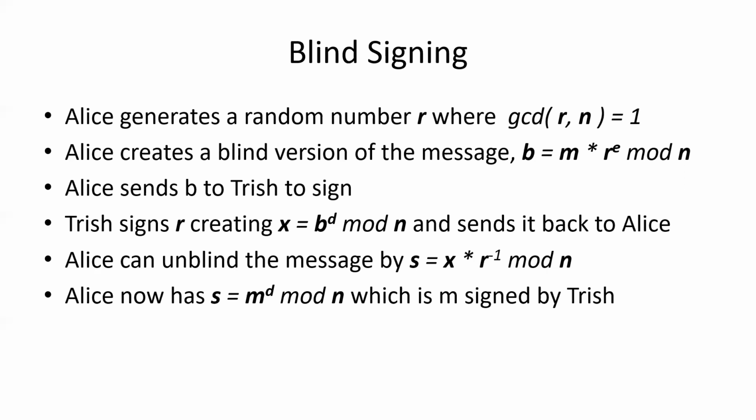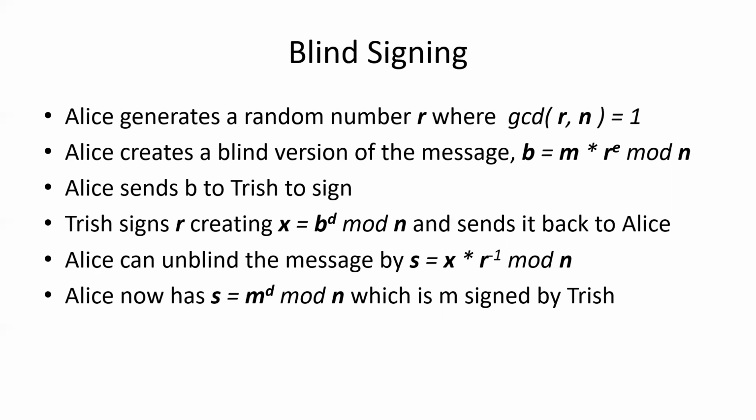Trish signs it by raising B, the blind version, to D and sends it back to Alice. D being the private part of the key, E being the public part. Now they can unsign this by multiplying by R to the -1.